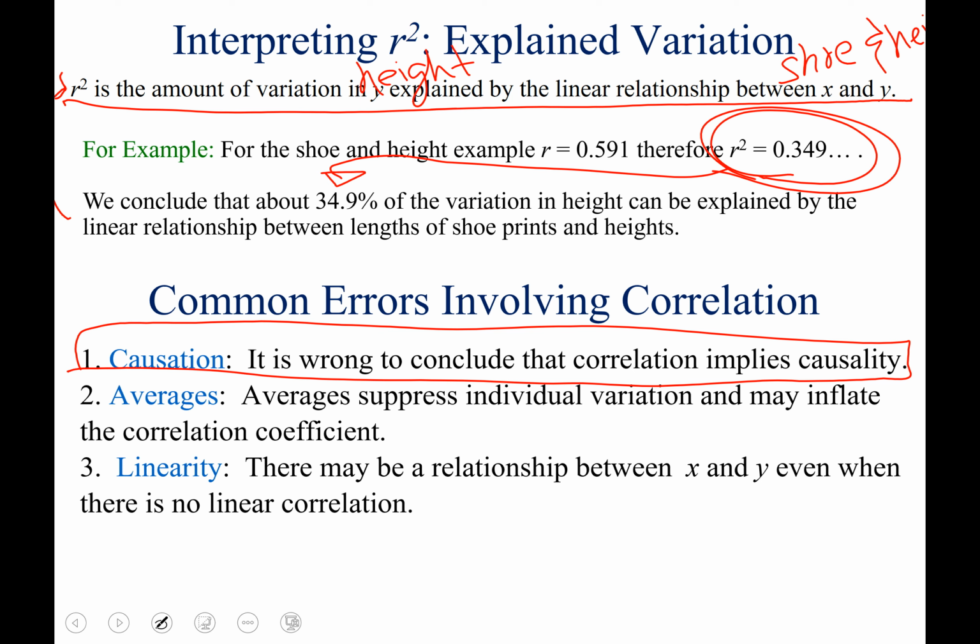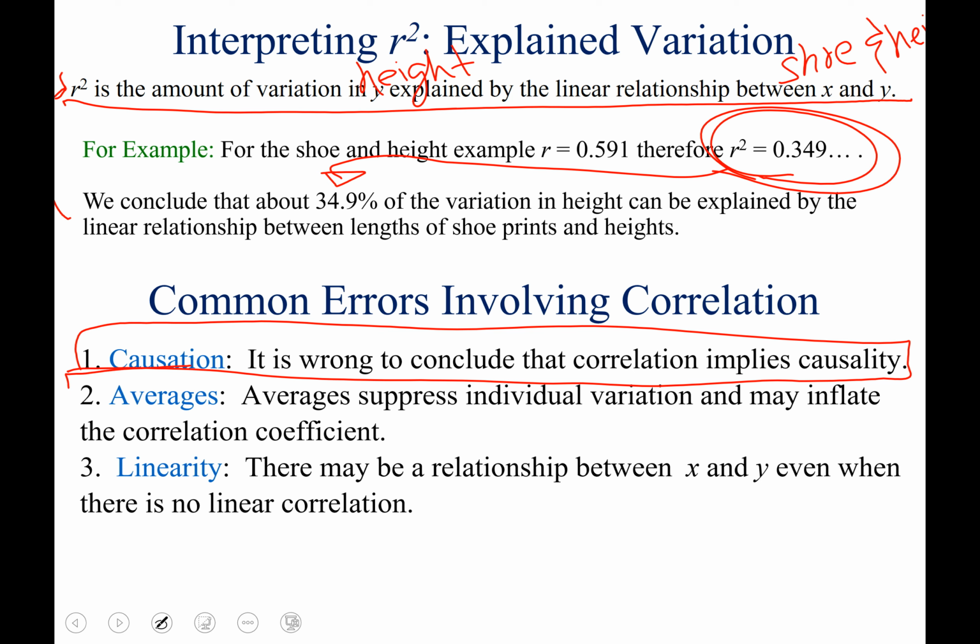So it's important to say we support or we fail to support a correlation between two variables, not make any statements about content that we are not the experts on and try to say something like this variable causes the other variable to adjust.